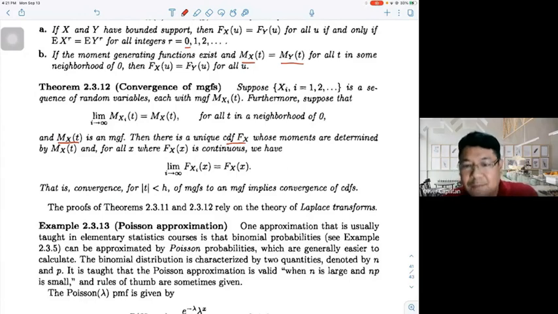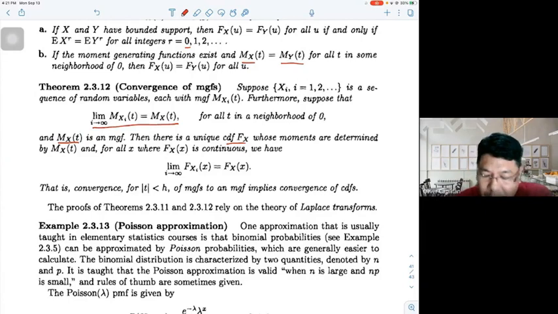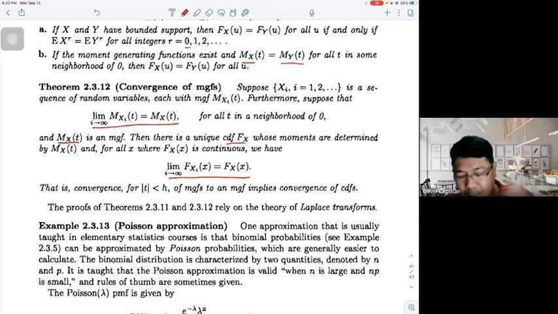Ito yung una: convergence of MGFs implies convergence of CDFs.